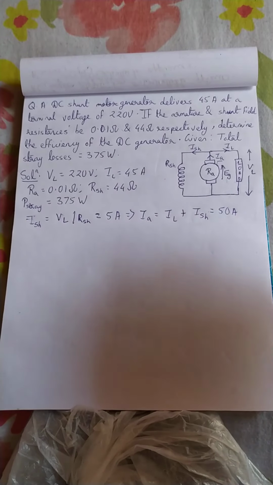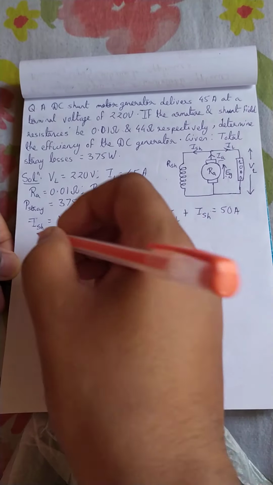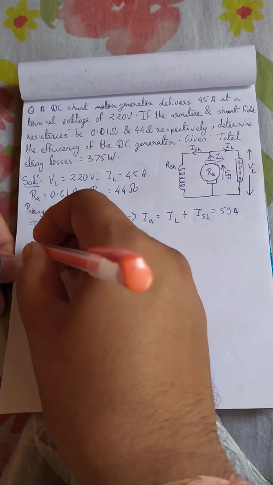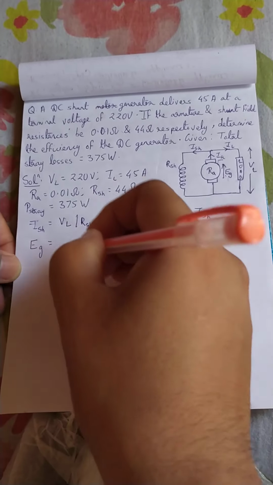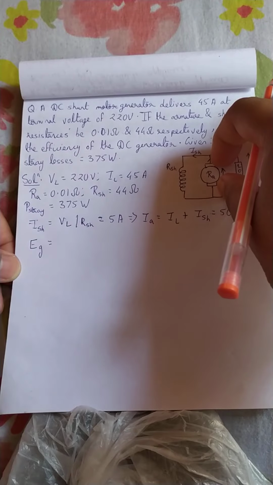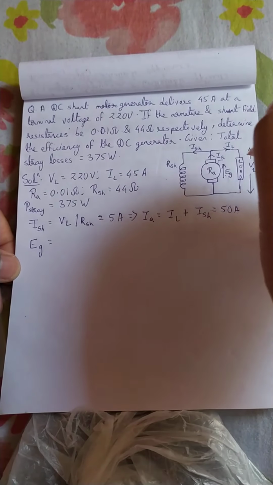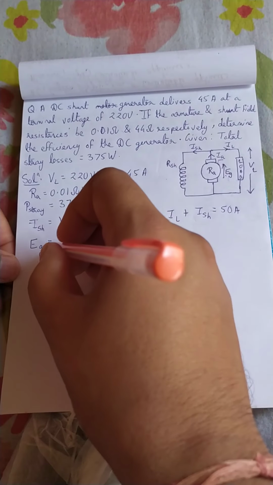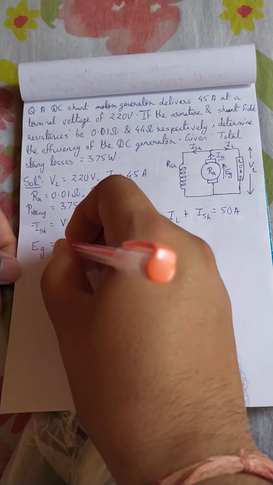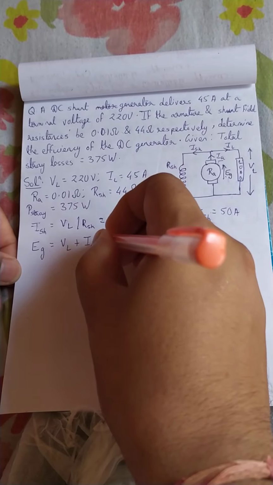Now once we know this, what about the generated voltage EG? The generated voltage EG will be equal to the drop in the armature plus the supply voltage. If I apply KVL in that equation, we can write EG will be equal to VL plus IA RA.